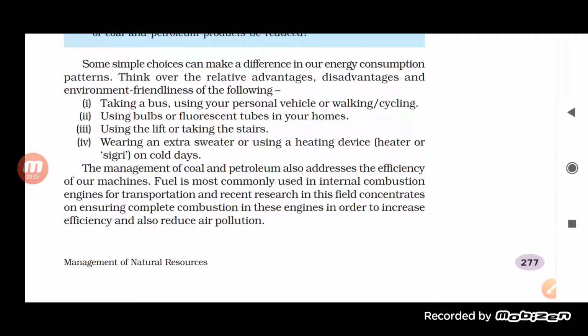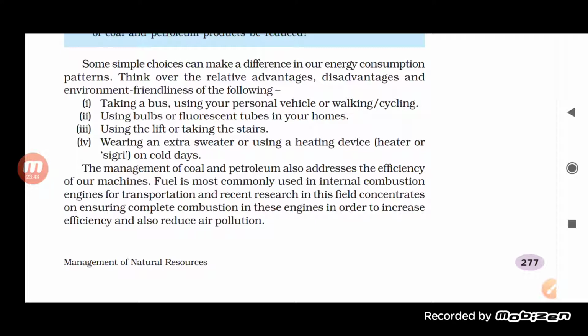If you are traveling a small distance, you do not have to use any bus or your bike. Instead, you can walk or you can cycle. A cycle does not need fuel, and walking is also good. If you are walking or cycling, you are exercising, and that is good for your health also.